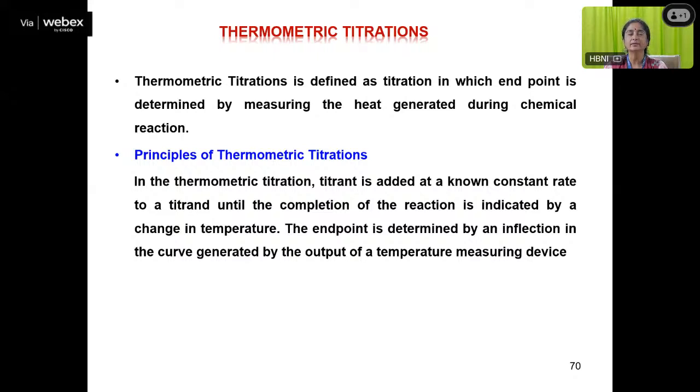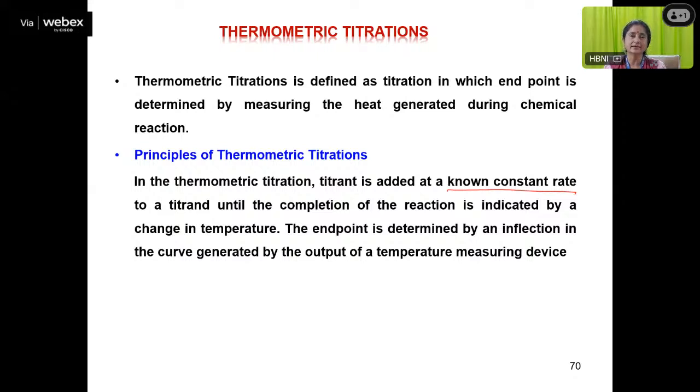Now the principle of thermometric titration is that titrant is added at a known constant rate to the titrand until completion of the reaction is indicated by change in temperature. Here it is very important that titrant is added at a known constant rate, because you cannot change the rate.